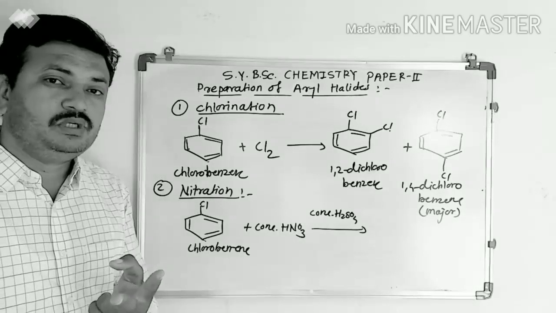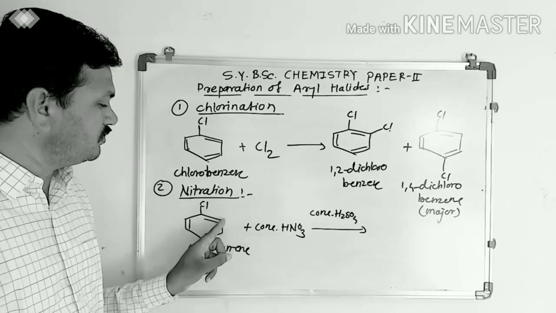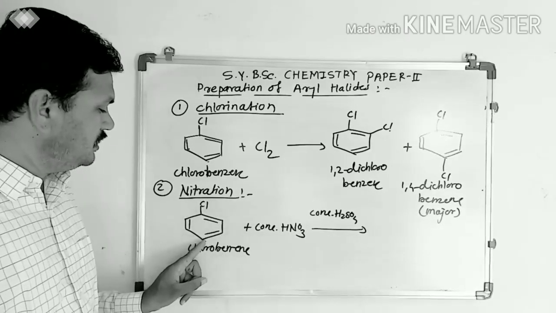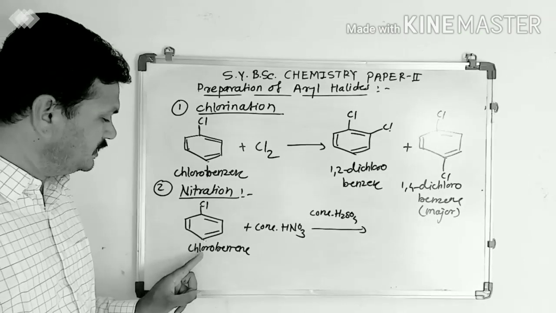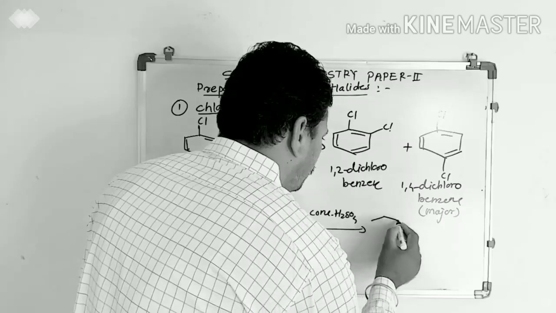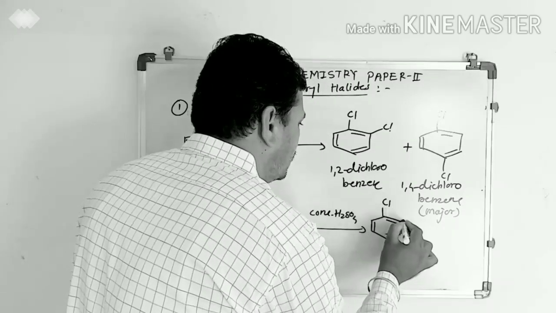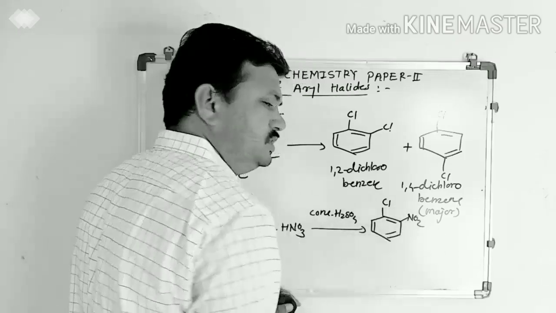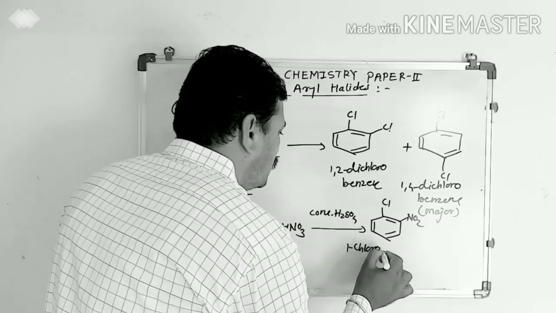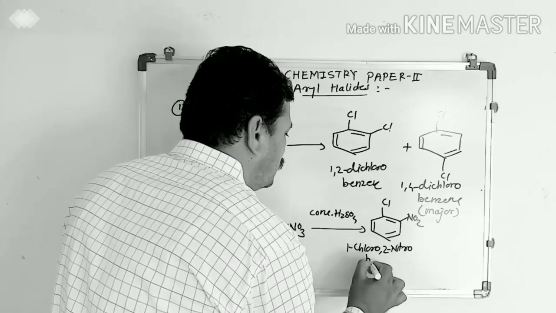Again, we get two types of the product. One product in which the NO2 group, nitro group, is attached to ortho position, and in one product the nitro group is attached to para position. First product, when the incoming nitro group is attached to ortho position, it is 1-chloro-2-nitrobenzene.